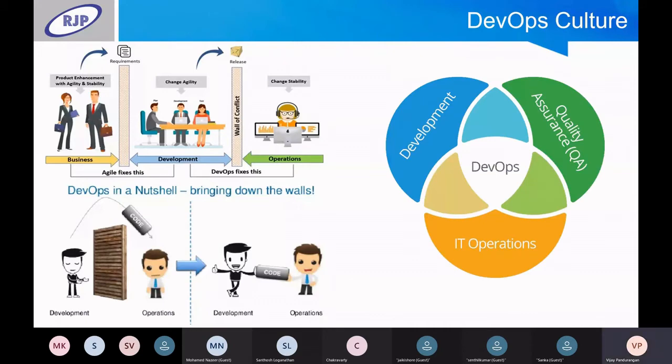So development, operations, quality, which is testing, and if you want to add security, all these go into DevOps with a great degree of automation. If the automation were absent, this would not be possible.